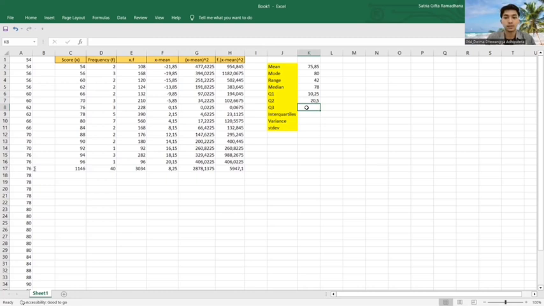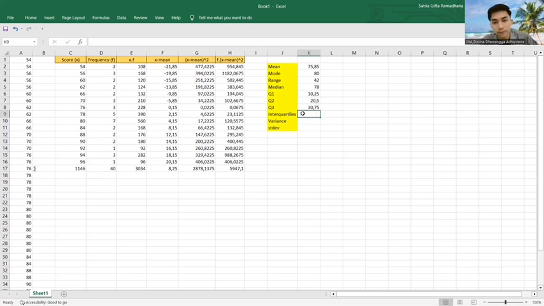To find the third quartile, type equal, in parentheses, sum of frequency plus 1, and then multiply with 3 divided by 4 and enter. We already have the third quartile.